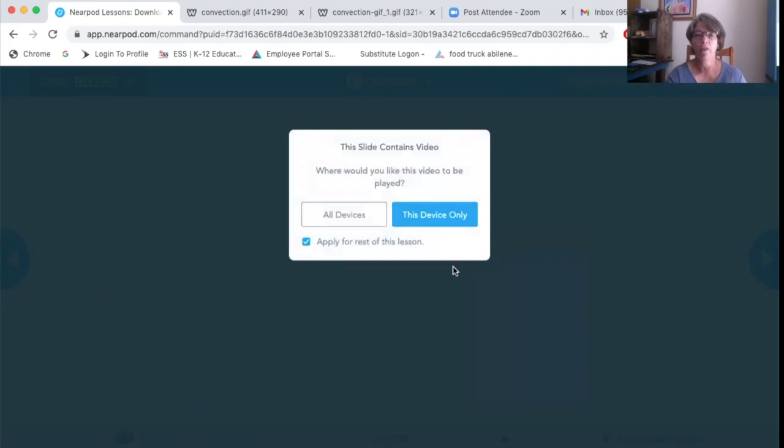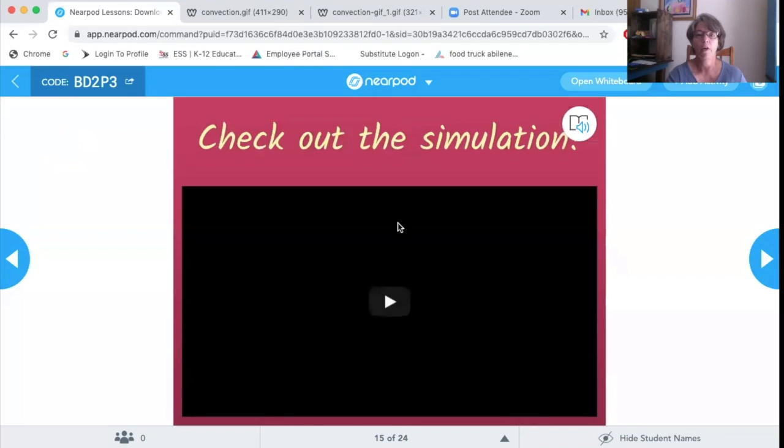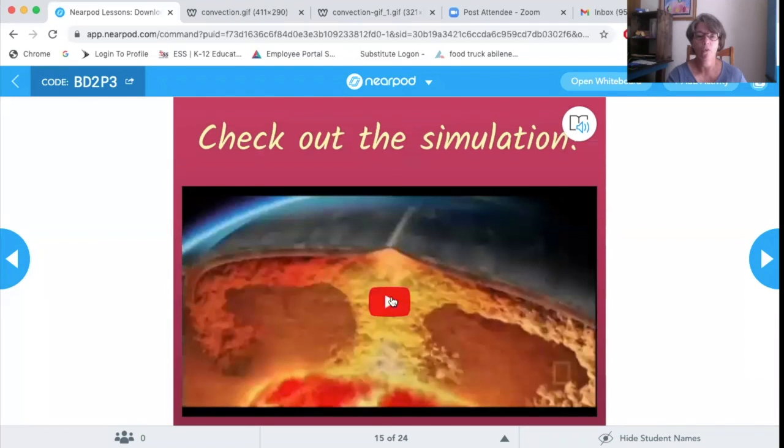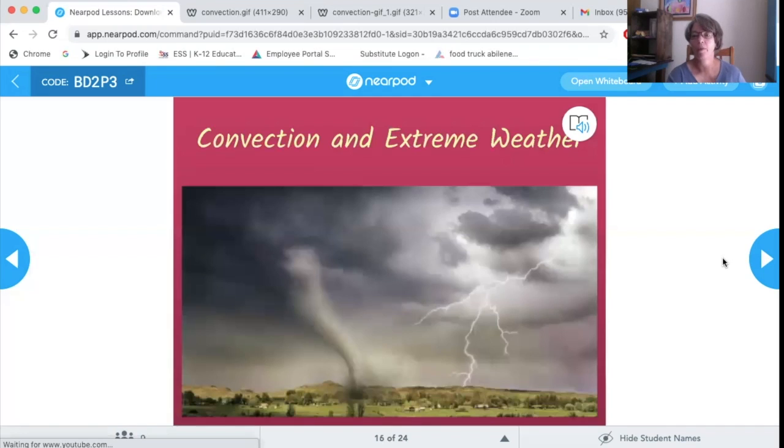Okay, we'll take a look at that in just a second. I want to show you. All right, so pretty amazing when you think about how a convection current can cause that much movement in something as strong as our Earth's crust. All right, so convection can also influence our weather and bring us extreme weather.